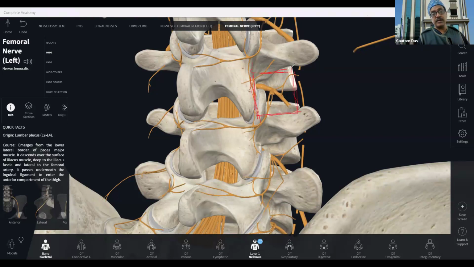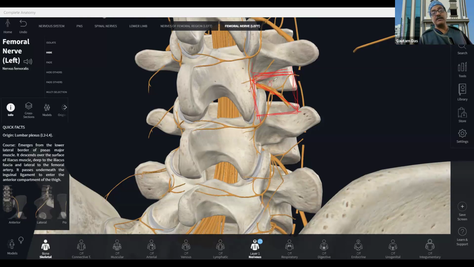So this is a square, and this square is divided into 2 triangles by this exiting nerve root. This triangle is known as the safe triangle, though it is not really safe because the blood vessels supplying the nerve root are there. But still, conventionally, it was known as the safe triangle.